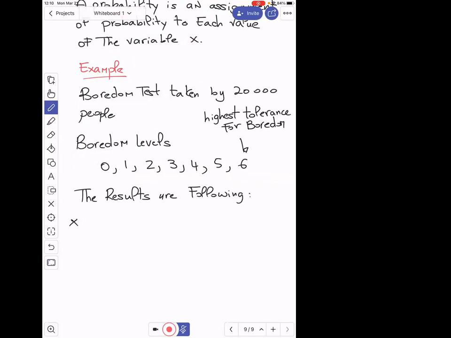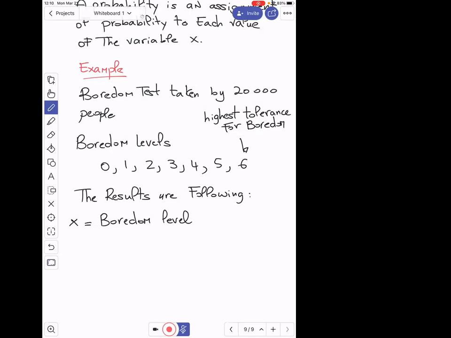The variable x is going to represent the boredom level. So x can be 0, x can be 1, x can be 2, etc. So x can be from 0 to 6, right?